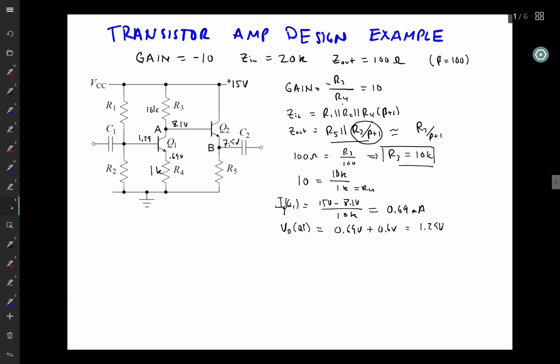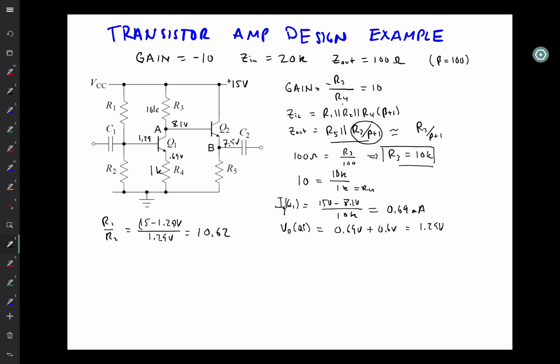I know I'm going to have the difference of voltages between 15 volts and 1.29 dropped across R1. So this implies that the ratio of R1 to R2 should be of the order of 15 minus 1.29 volts divided by 1.29 volts, which is equal to 10.62 as a ratio.